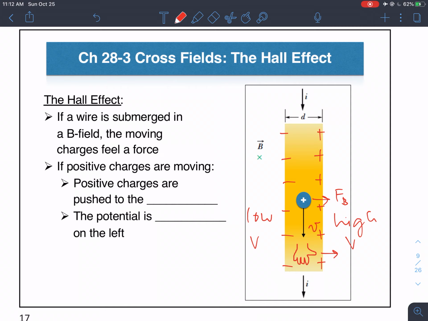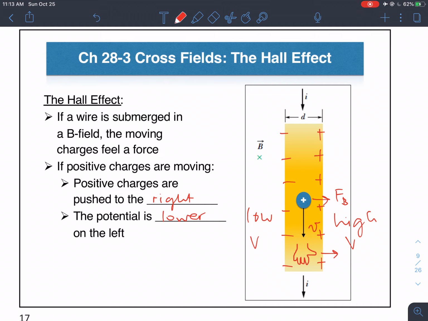So sign wise, if you go from left to right, one will be positive, the other one will be negative. So in this case, the positive charges are pushed to the right, not the negative charges like before. And the potential is lower on the left side, not on the right side. Okay, so the Hall effect tells us the sign of the charge carriers and also the density of charge carriers.